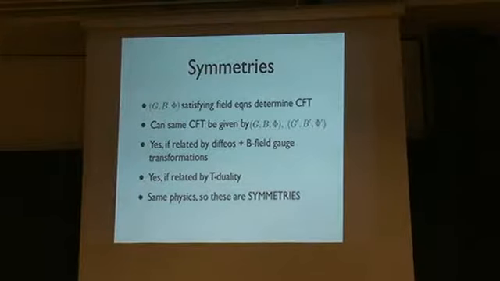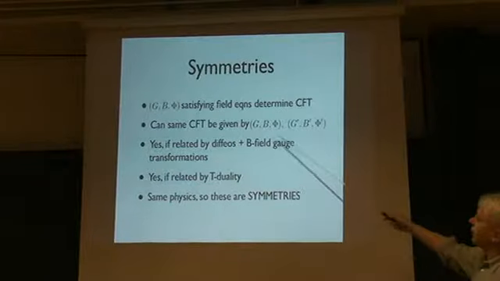And in supergravity, that's all there is. Again, it's a few discrete symmetries. These are the symmetries of the field theory, and the only times when these would determine the same physics is if they're related by diffeomorphisms or B-field gauge transformations.